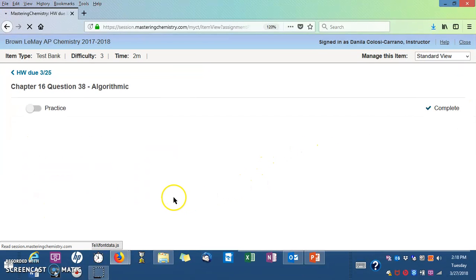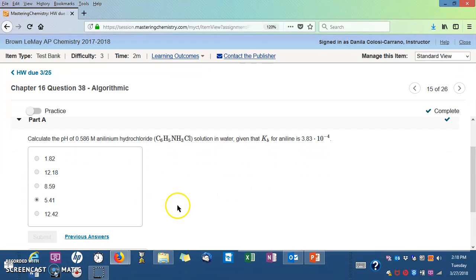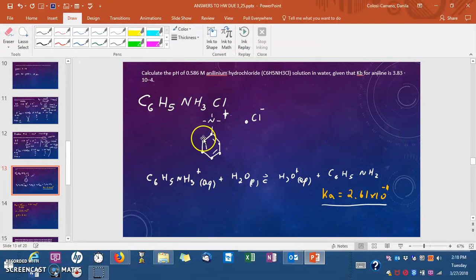Next problem tells you calculate the pH of this anilinium hydrochloride. Now, probably you don't know what anilinium hydrochloride is, but this is what I want you to think about. So they give you the formula, so you have something like that, and then you have the Cl.